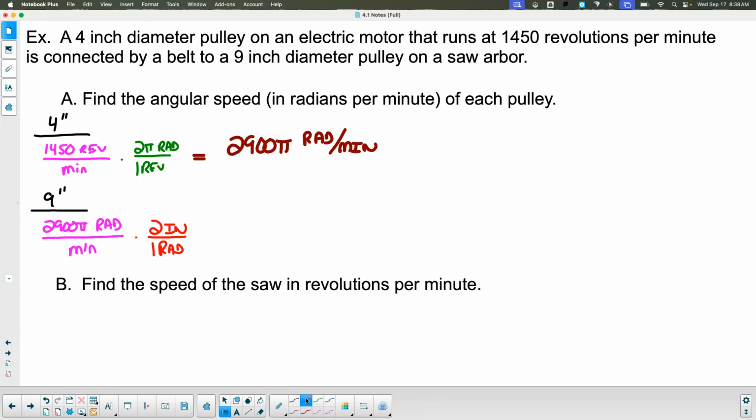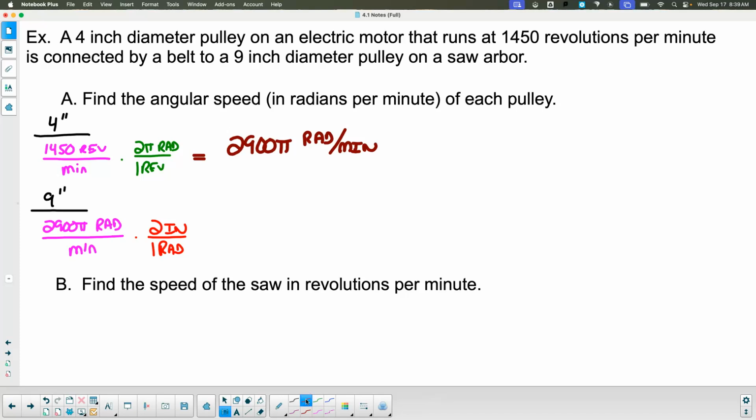So now I can go from the small pulley to the larger pulley because I've got the linear speed of the belt. Okay? But now I've got to bring that linear speed back in. Now I'm on the big pulley.